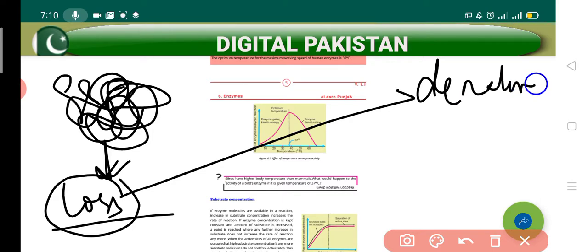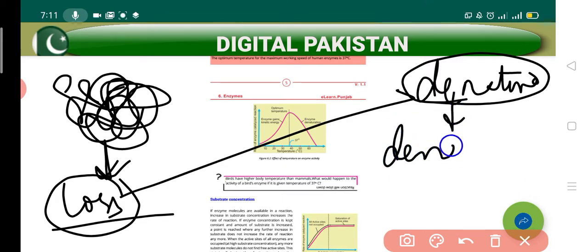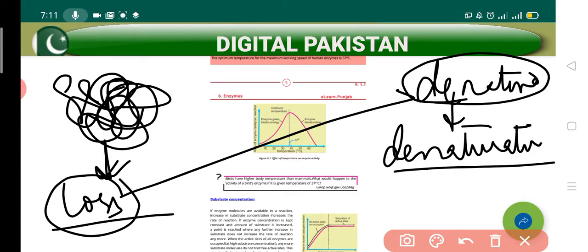You can say that the molecule of the enzyme is denatured, and the process is called denaturation. Denaturation makes the enzyme totally useless. The enzyme is blocked, or it is not able to perform any kind of chemical reaction.